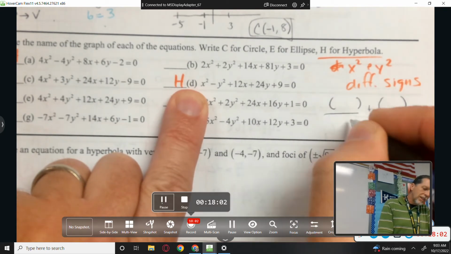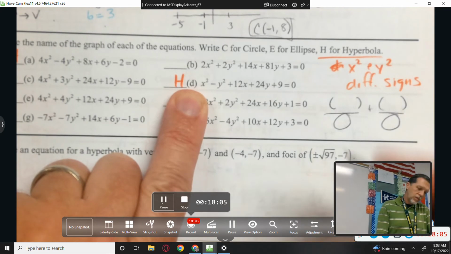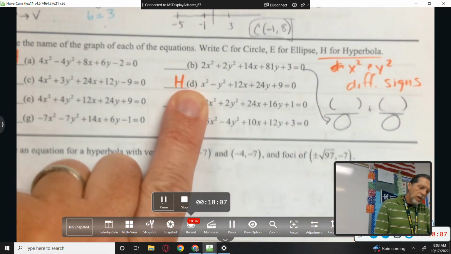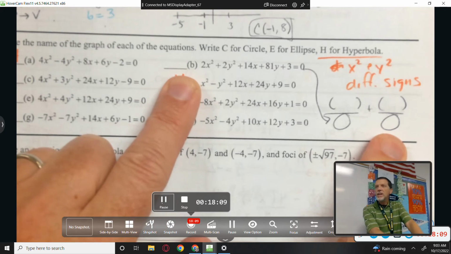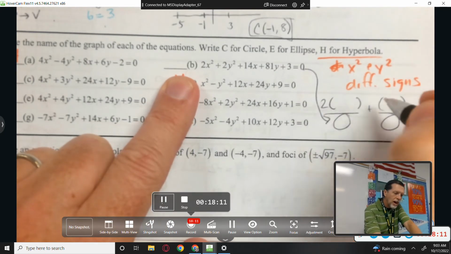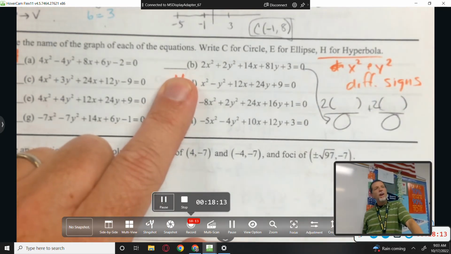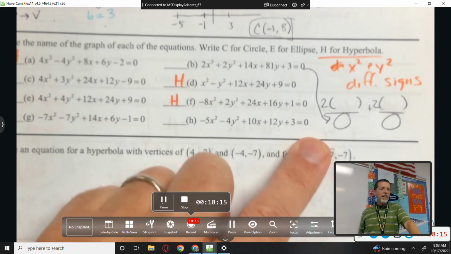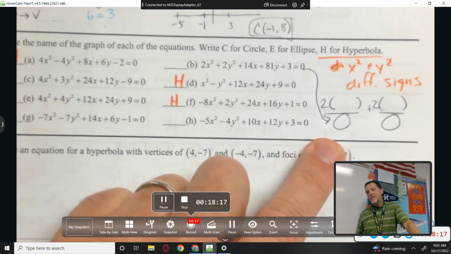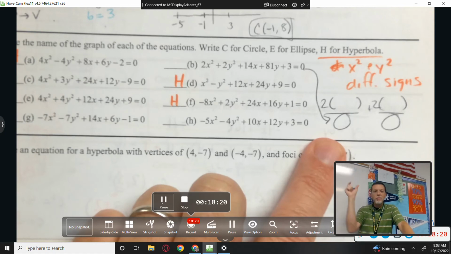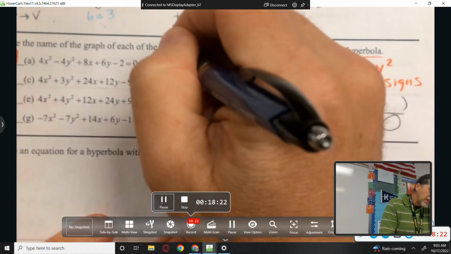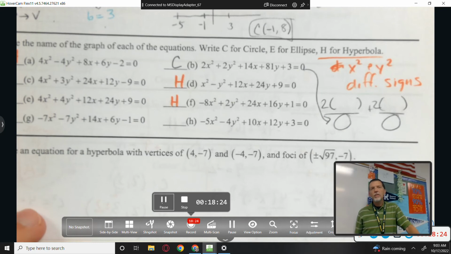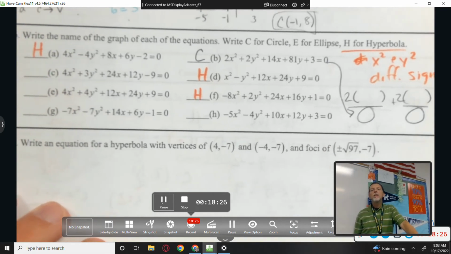Well, you're going to get the same values on bottom if you're doing B, because you'd have a 2 at the top, so they would reduce the same way. If you're thinking it's an ellipse, fine, but you'd be going up and down the same as you're going left and right, which would mean it's not really an ellipse, it's a circle. Circles, the coefficients would just be the same.